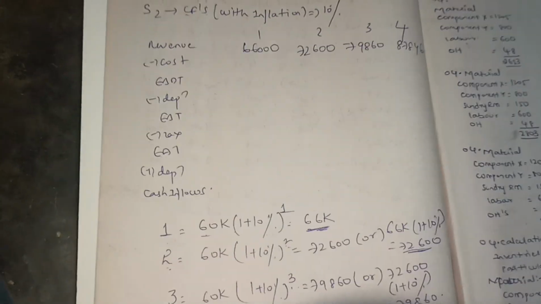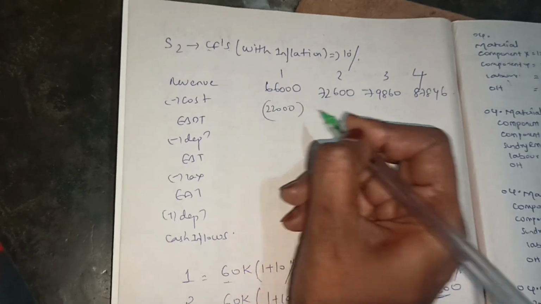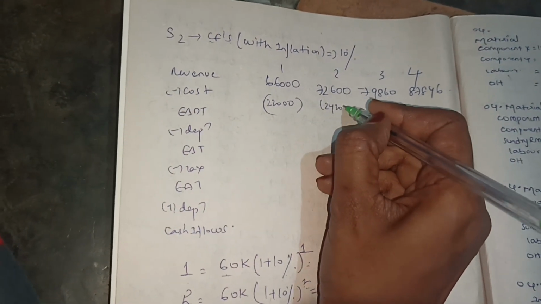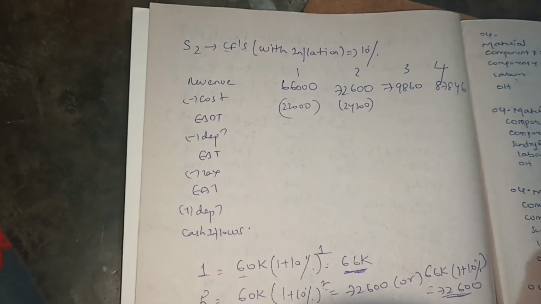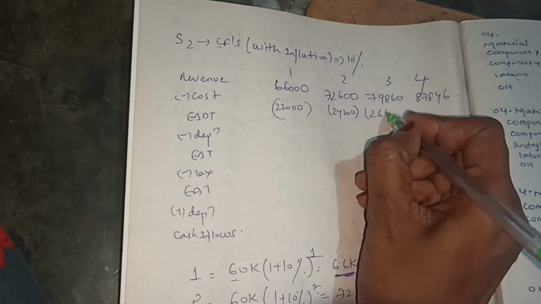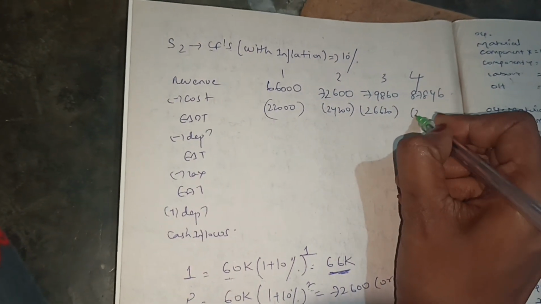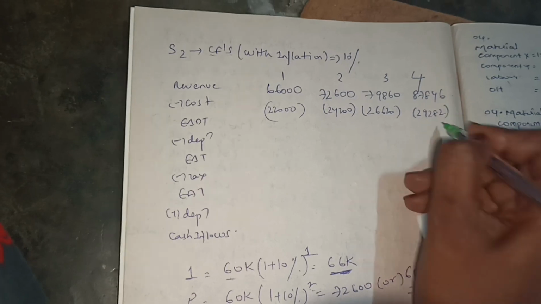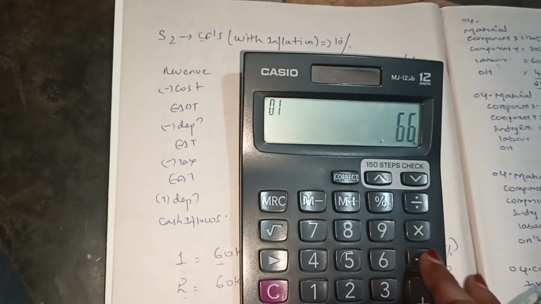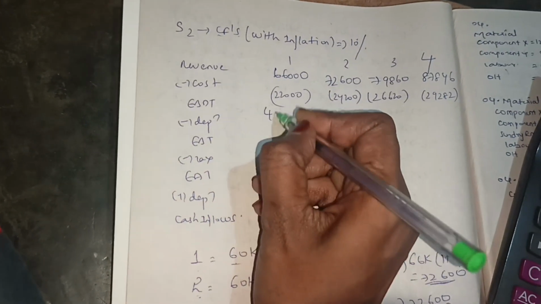Here I am filling cost. For first year it is 22,000. For second year it is 24,200. For third year 26,620. For fourth year 29,282. So EBDT will be 66,000 minus 22,000, 44,000 for the first year.